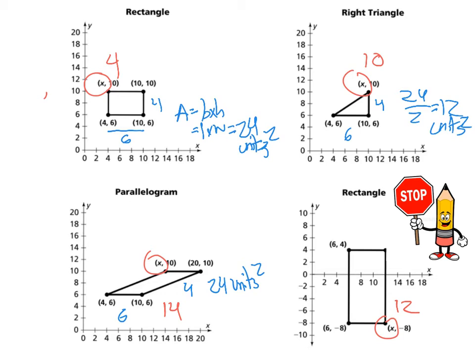For the rectangle, you found 12, so 12 minus 6 is your base. This one gets a little trickier because you're crossing the axis. There's 4 here, and then this goes down to -8, so 8 plus 4 is 12. So you've got 12 times 6 equals 72 units squared.